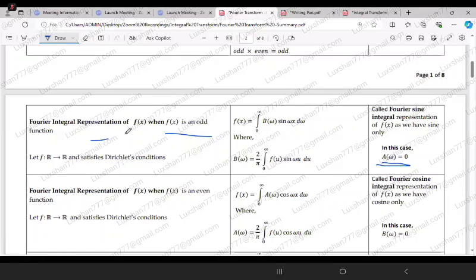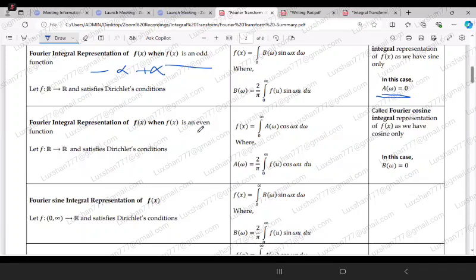Here also we are talking about minus infinity to plus infinity. Similarly, if f(x) is an even function, B(omega) becomes 0.